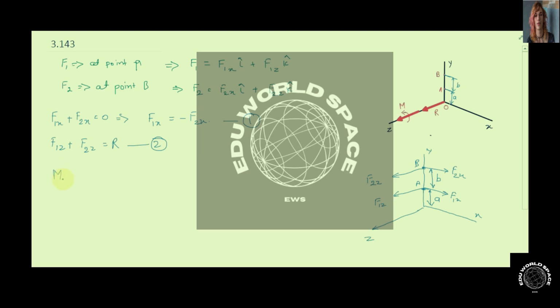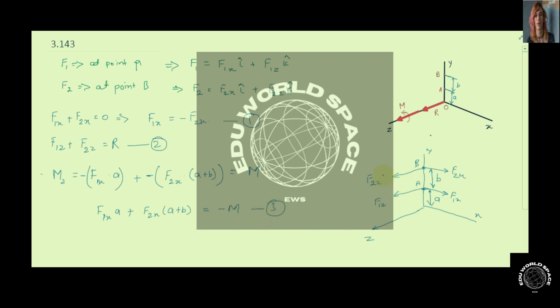So Mz, if we calculate in equivalent diagram, will be because of F1x, that is F1x into A, and its moment will be along negative z direction, so we have to use a negative sign here, plus because of this F2, again the direction will be in negative z direction, so it will be minus F2x multiplied by the distance, and distance from the x axis is going to be A plus B, and this moment should be equal to the moment that was present in the actual system, and that was M. So from here we can write F1x A plus F2x (A plus B) equals to minus M. Let us say this is our equation number 3.